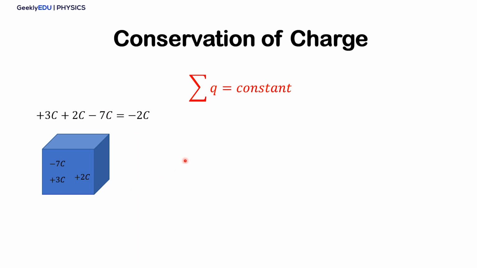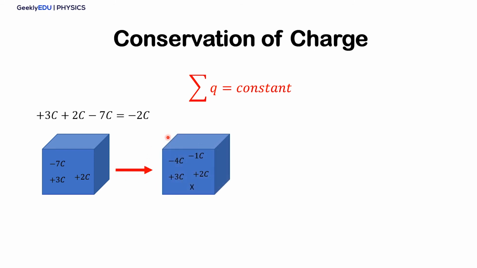Let's imagine now that for some reason these particles changed into 5 other particles. It can happen because of collisions or decays of some elements, and we have now 5 particles with different charges from the initial ones. Well, by the conservation of charge, we know that the resultant charge here has to be equal to the resultant charge here.